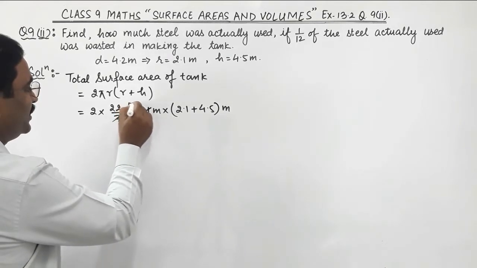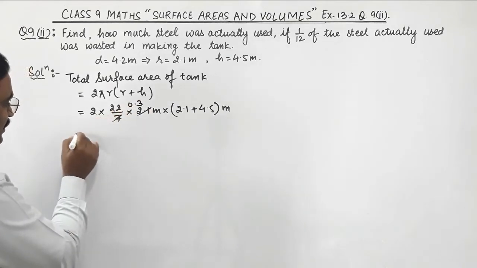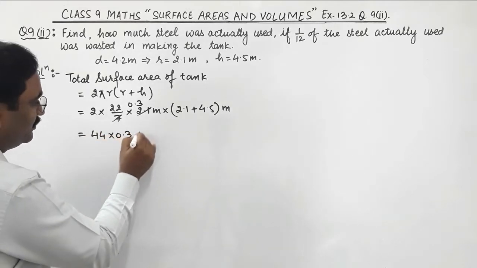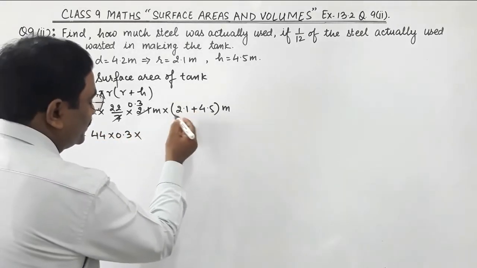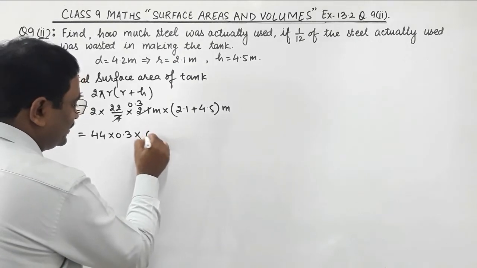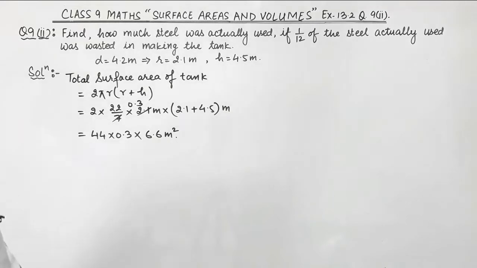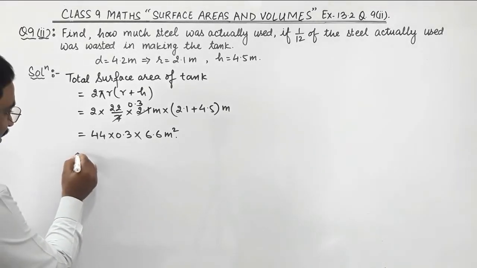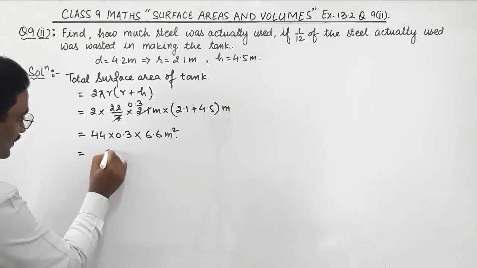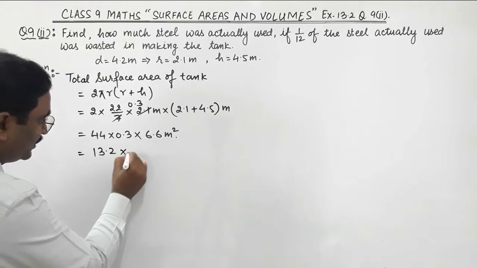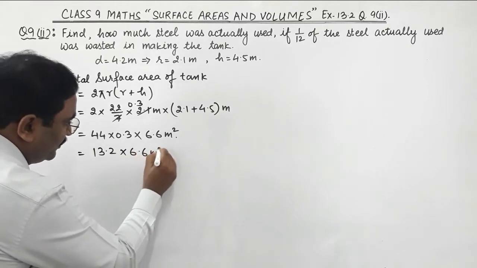So let's simplify it. 7 3s are 0.3. So we got 44 into 0.3 multiplied by 6.6 meter square. Okay friends, so let's multiply it. 3 4s are 12, and 13.2 multiplied by 6.6 meter square.